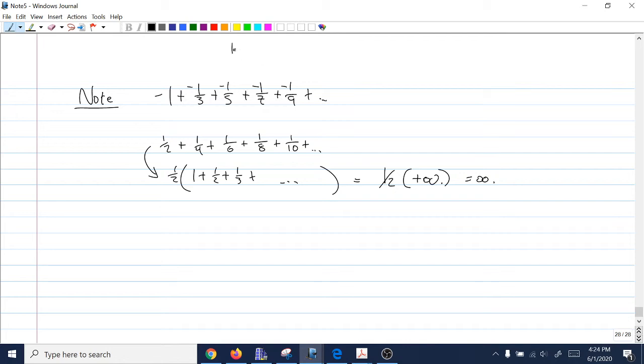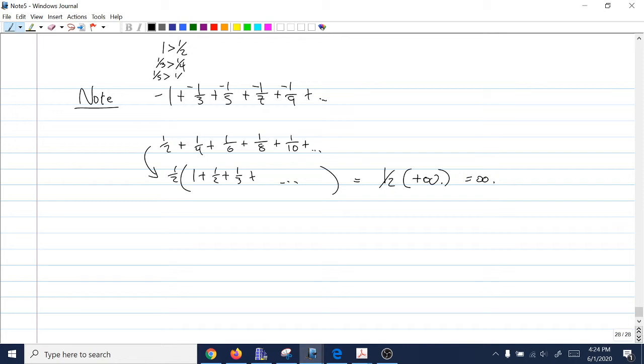For example, 1 is bigger than a half. A third is bigger than a fourth.